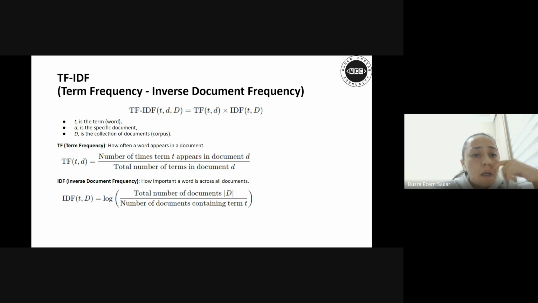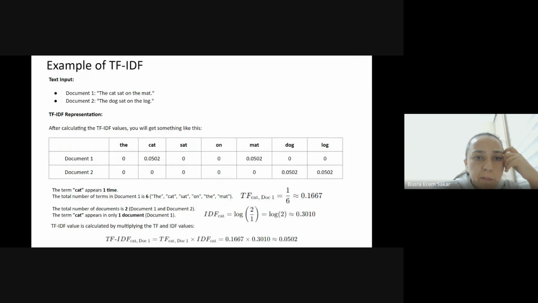And we get the TF-IDF score. We multiply these two values together, and the result tells us how relevant a word is to a specific document compared to the rest of the corpus. Let's go through a specific example for this method.